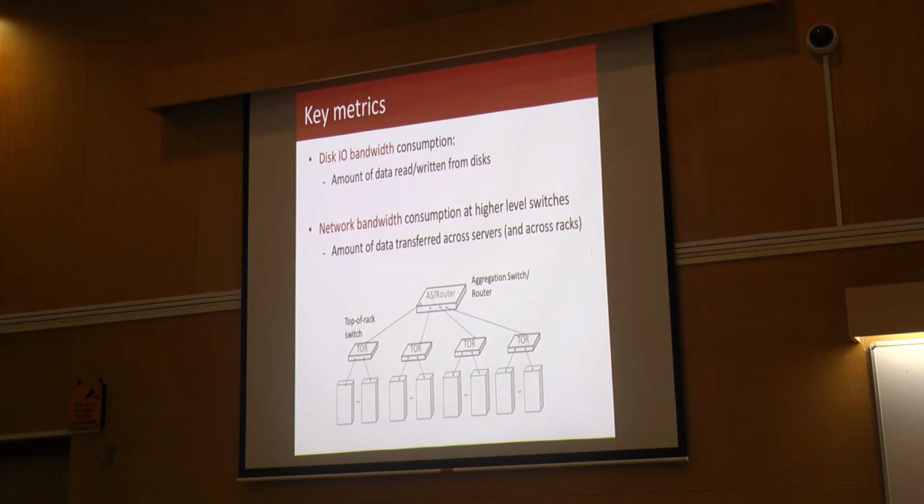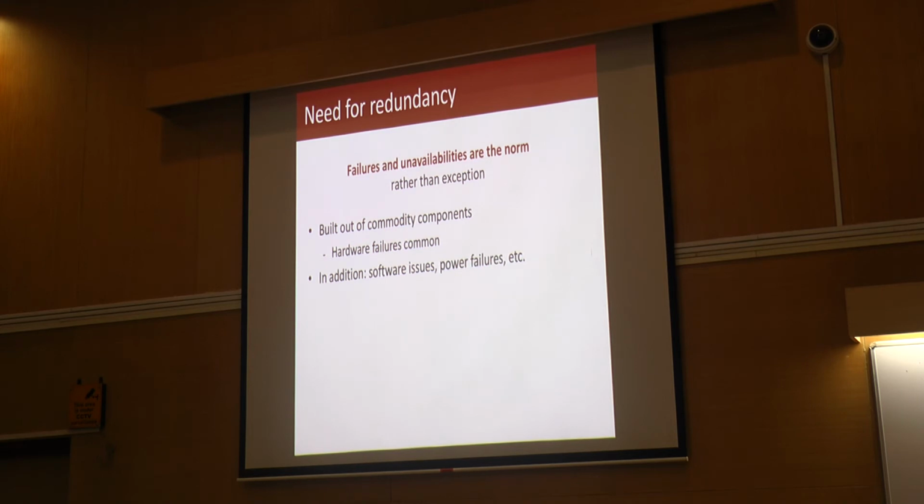Okay, so these are the metrics that we will keep in mind. Now, as I was mentioning, failures and unavailabilities are the norm rather than the exception, even in these large-scale storage systems. The main reason is that they are built out of commodity components for economical reasons.